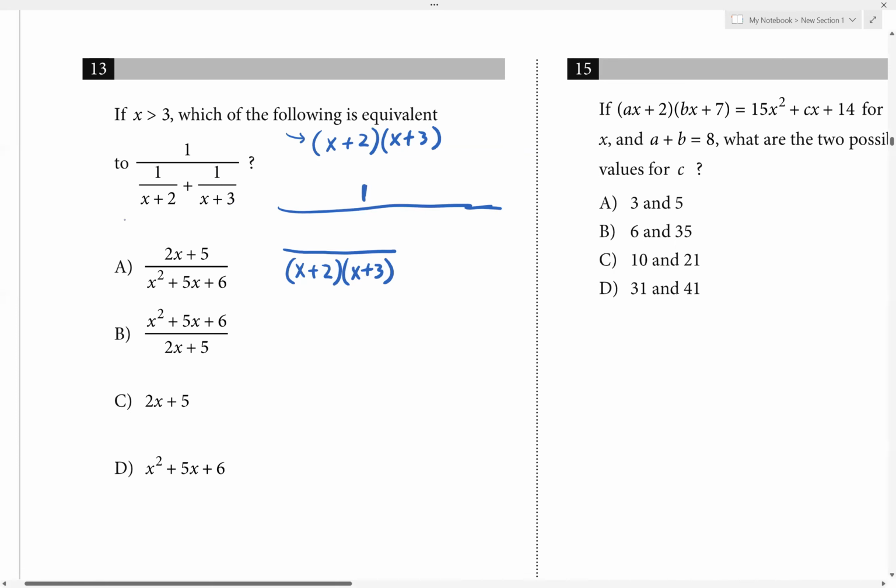Right now it already has x plus 2 on the bottom, so we need another x plus 3. That's why we multiply by x plus 3 on the bottom, but we also have to do it to the top. This will be the equivalent fraction.